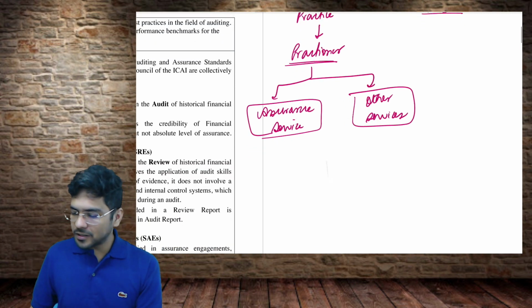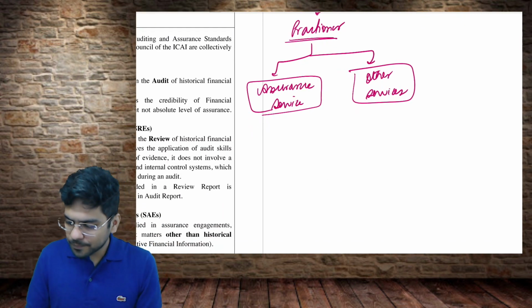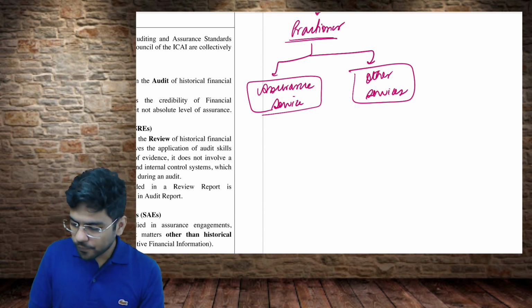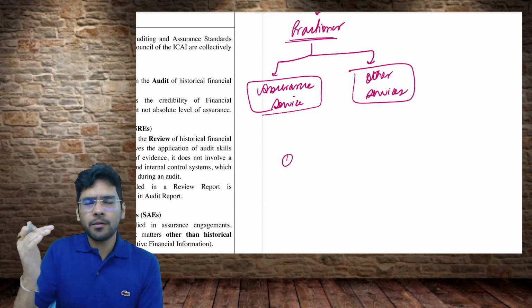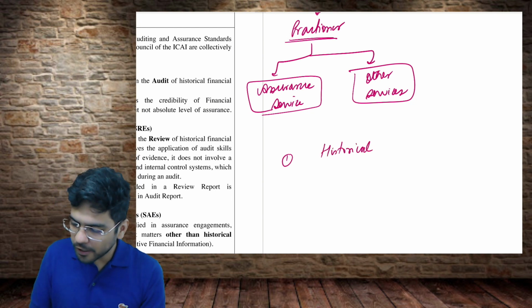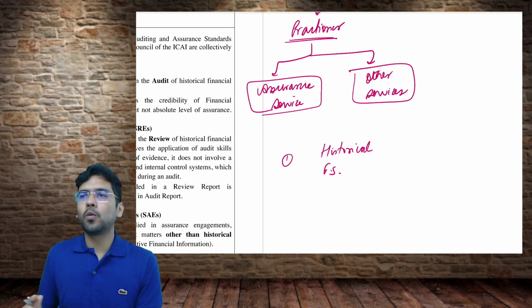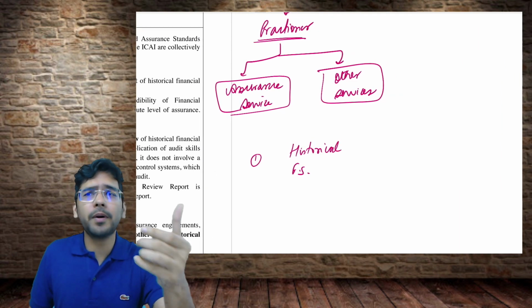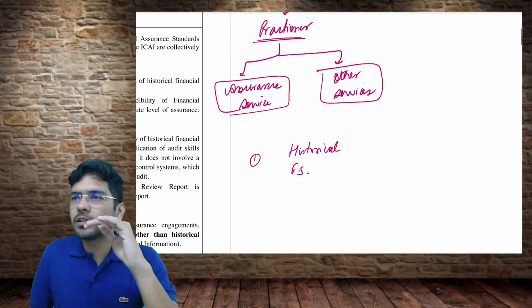Now please understand, let's say the subject matter in my hand is historical financial statements. What do you mean by historical financial statements? Things which have already happened.